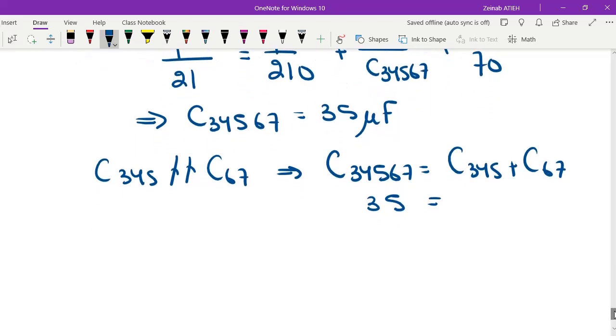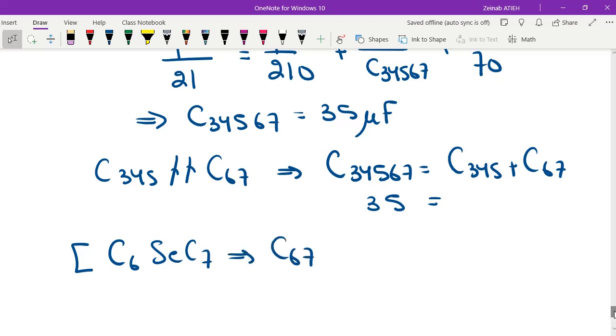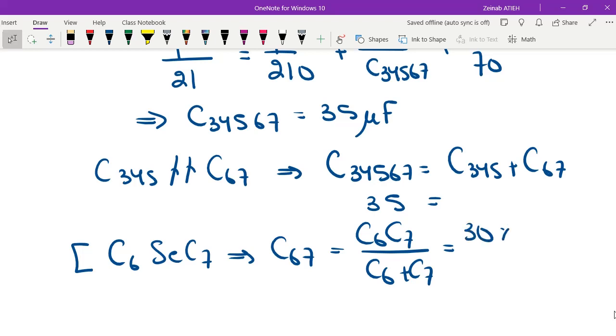Let me calculate C67. C6 was in series with C7, so C67 is their product over their sum: C6 times C7 over C6 plus C7. C6 was 30, C7 is also 30, over 30 plus 30, so over 60.